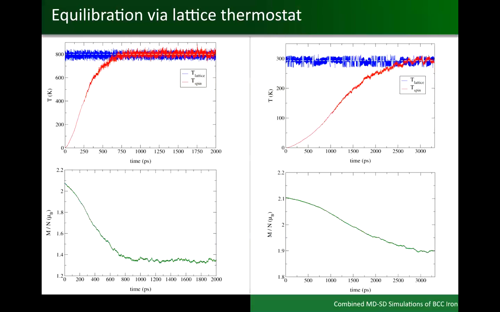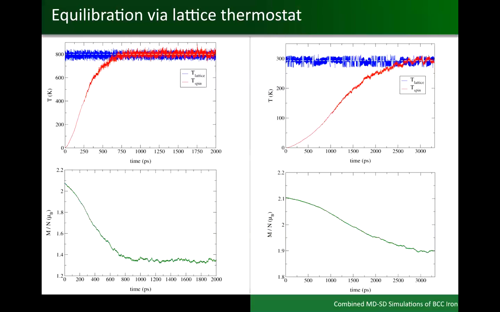And now with this more complete model, we can combine the molecular dynamics and the spin dynamics simulation and see in this plot here the dynamics of how the magnet equilibrates with the underlying lattice.